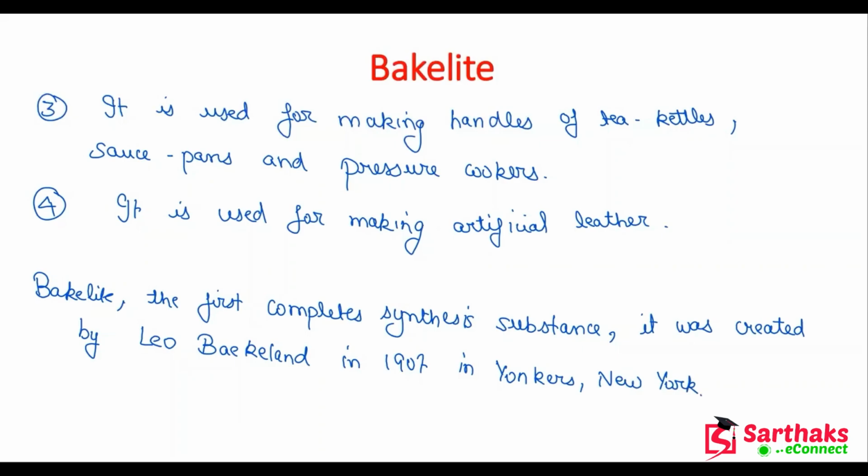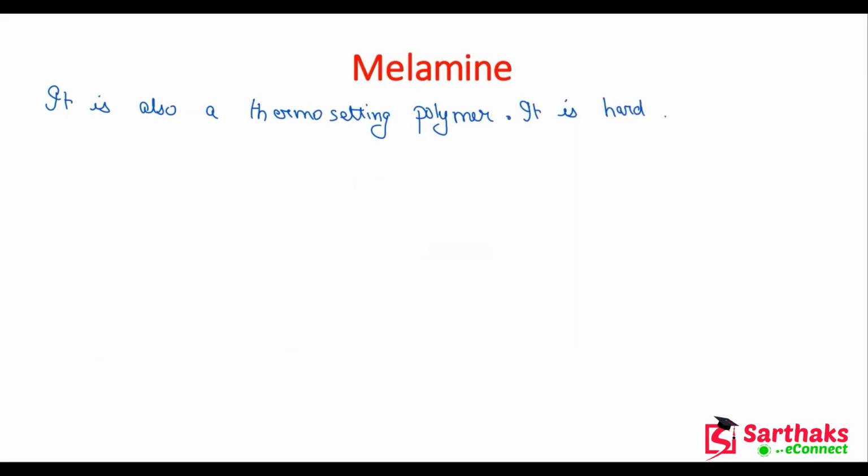Now, the next type of plastic we are going to study is melamine, and it is also a thermosetting polymer. It is hard.